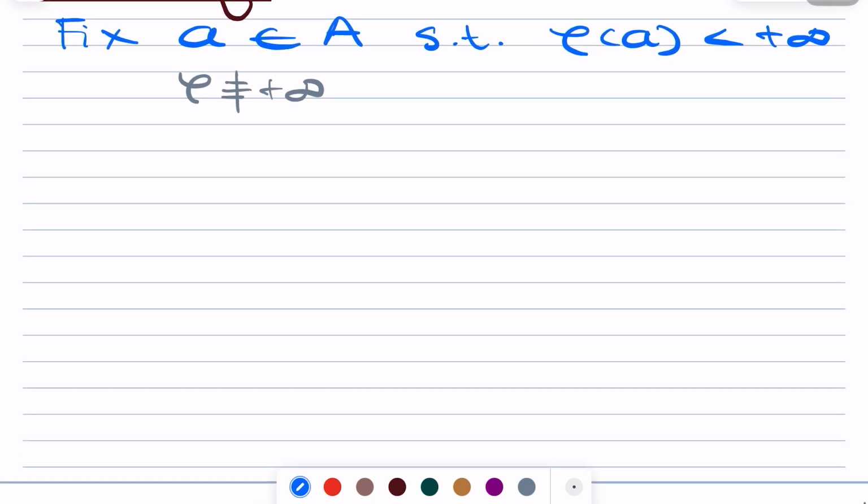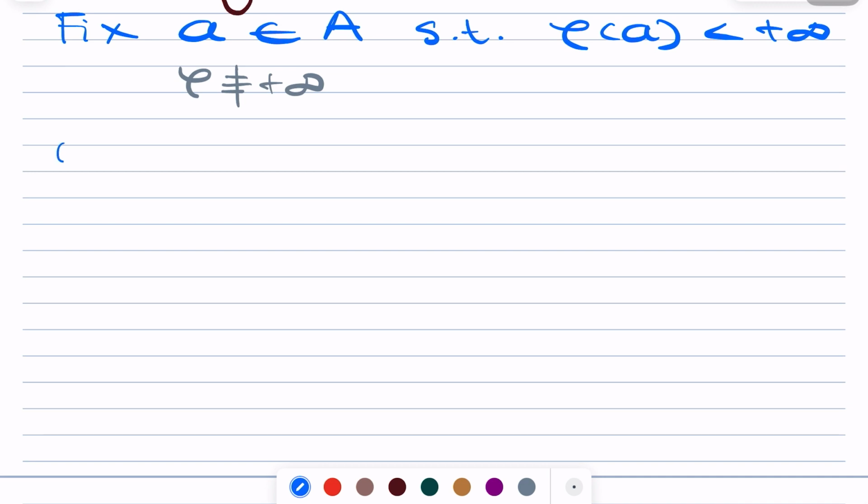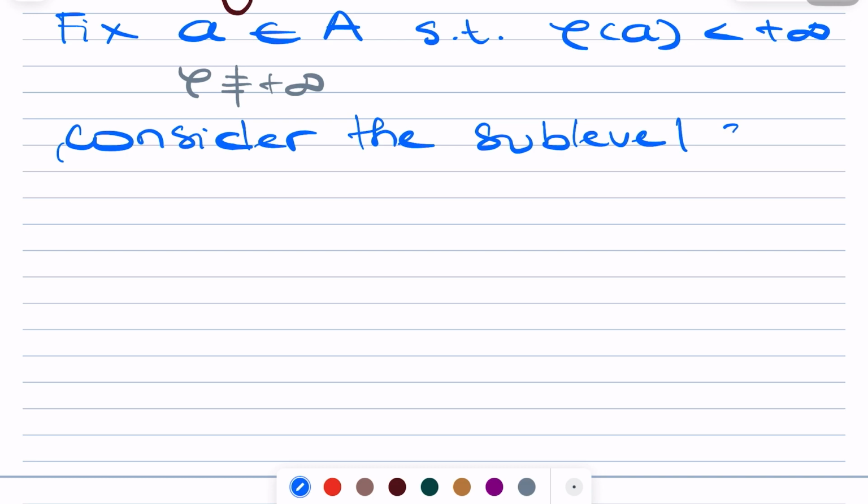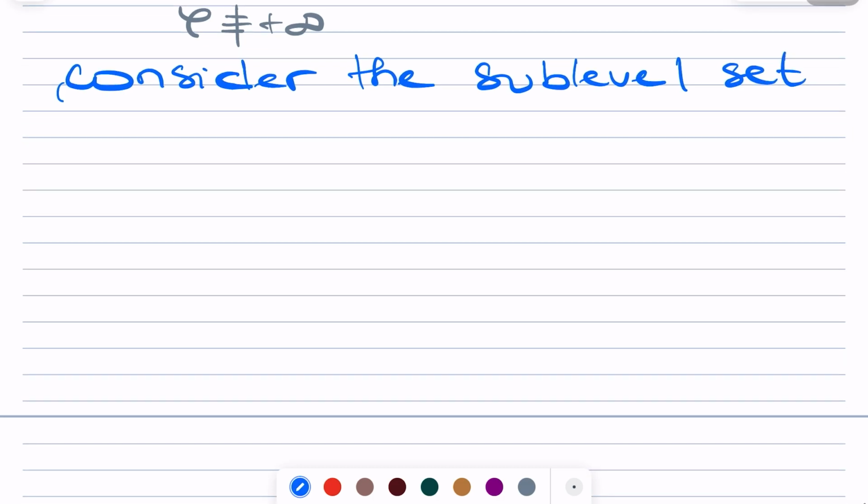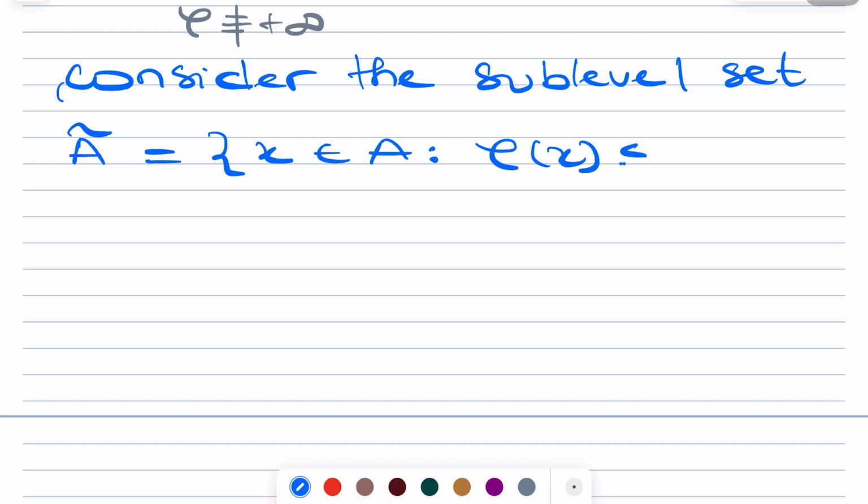Consider the sublevel set A tilde, which is the set of x in A such that phi of x is less or equal than phi of a.